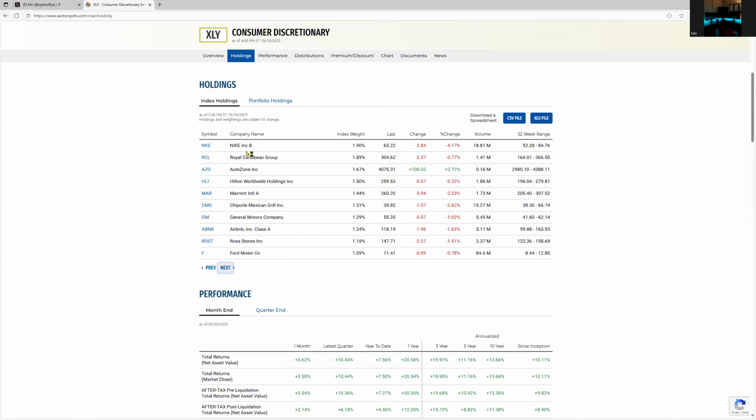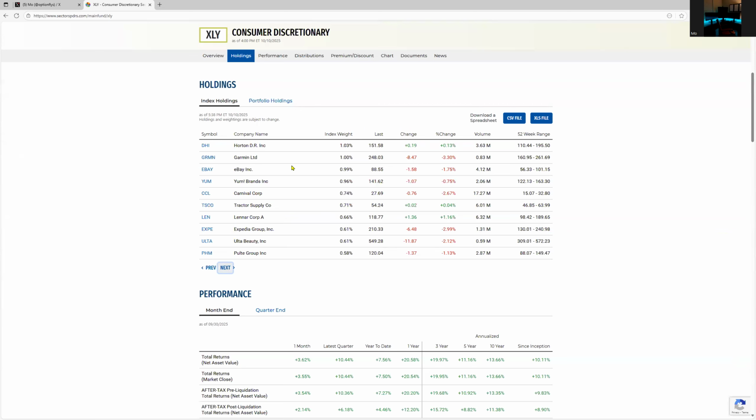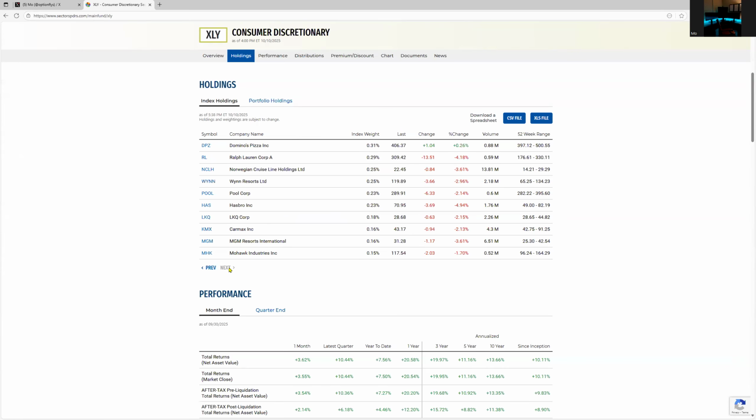Now you can go to Nike, AutoZone, and these are all there. But look at this. These 1% weights to the sector are not going to help much. It doesn't mean that these stocks don't move. Lennar, Horton, Garmin, eBay, Carnival, Tractor Supply, these are all XLY stocks. You see it goes lower and lower and lower.